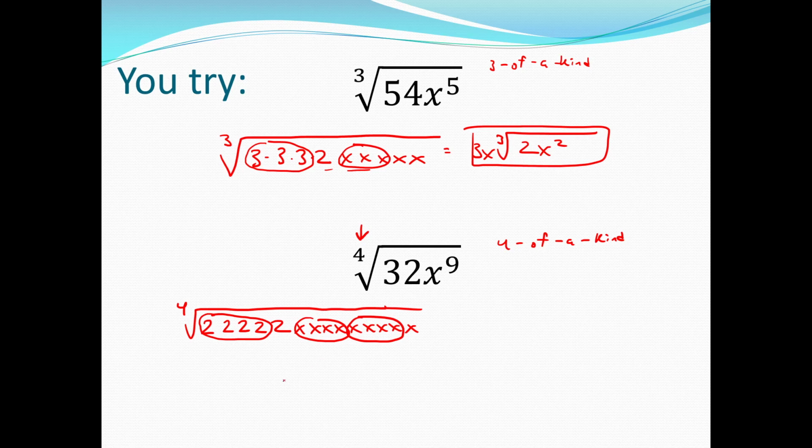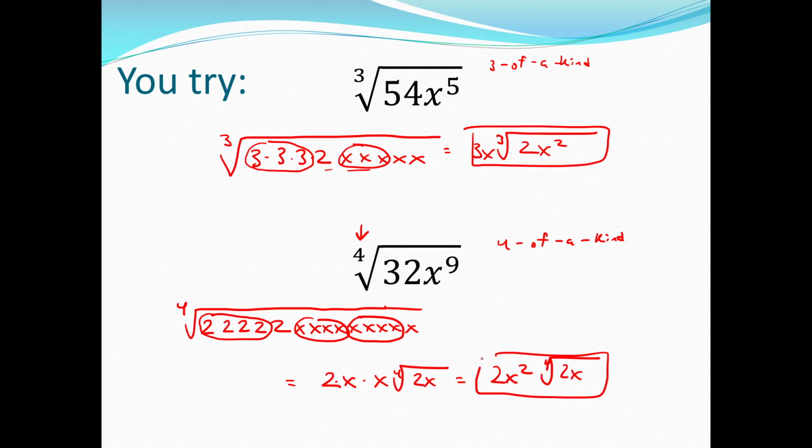And pull everything out. So you pulled out a 4 of a kind of 2's, a 4 of a kind of x's, a 4 of a kind of x's. You left behind a 2 and an x, and again, you need a 4 there to show it's a fourth root, and then just clean that up. And you win. That's today's lesson.